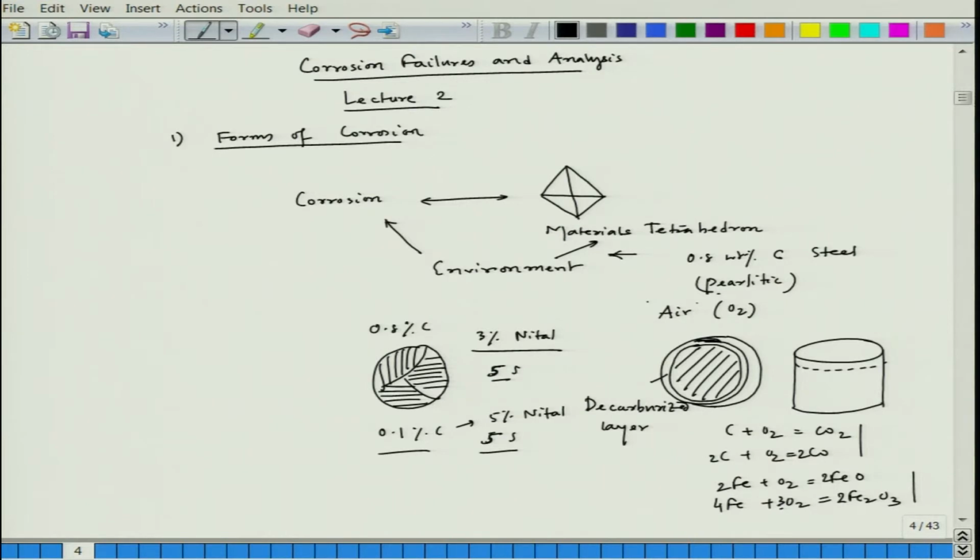Now, why is this difference in reactivity coming? Because of the higher carbon. Here also, since you have dipped it in the same solution, and this is the decarburized layer, the carbon content has gone down, let us say from 0.8% to 0.1%.